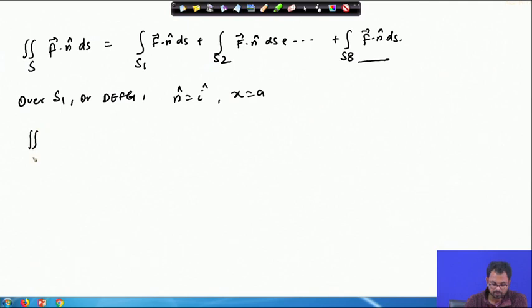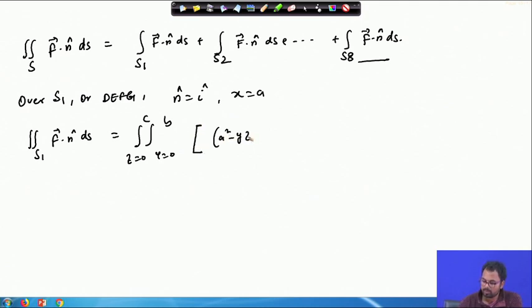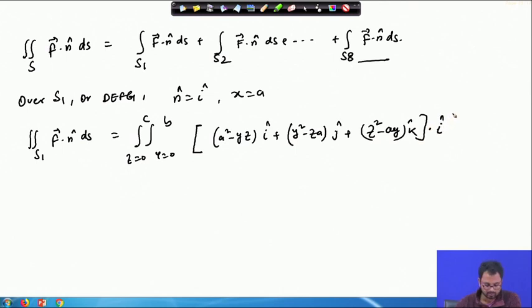So, the surface integral over S1 of f dot n ds is basically z running from 0 to c, y running from 0 to b, and x is a. So, we have (a square minus y z) times i, then (y square minus z x), so x equals a, times j, and (z square minus a y) times k, and then our normal is i, with dy dz.